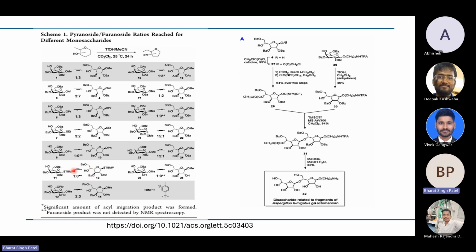So that means altering the protecting group at C1 also has a role.